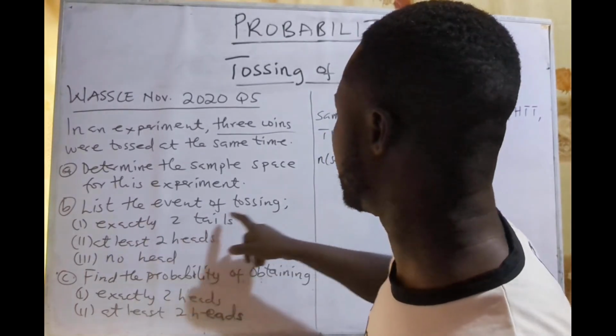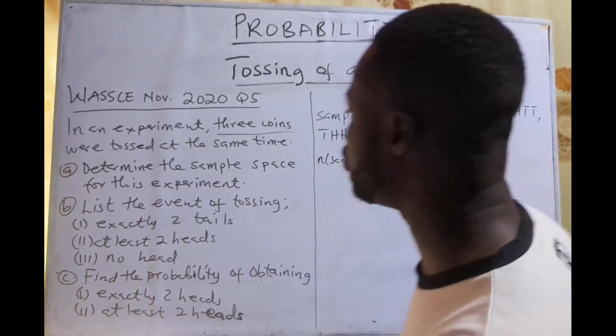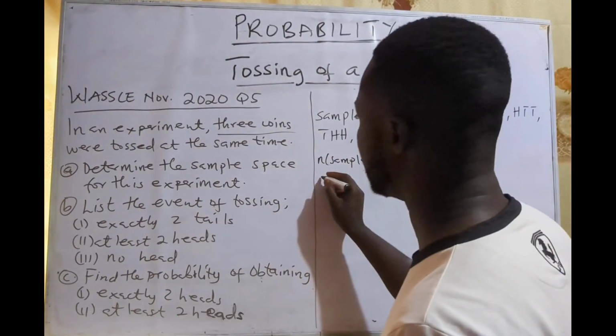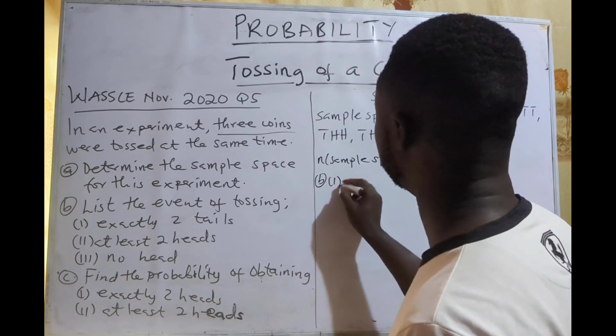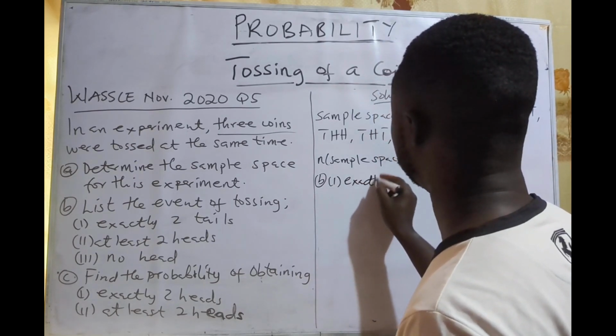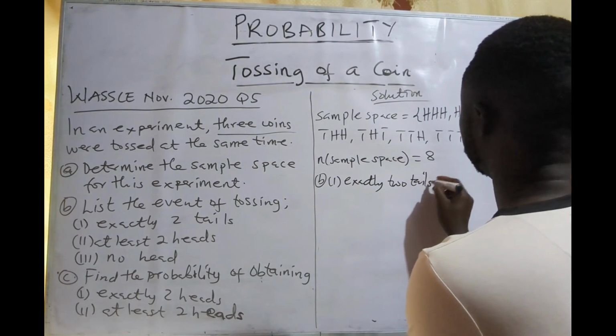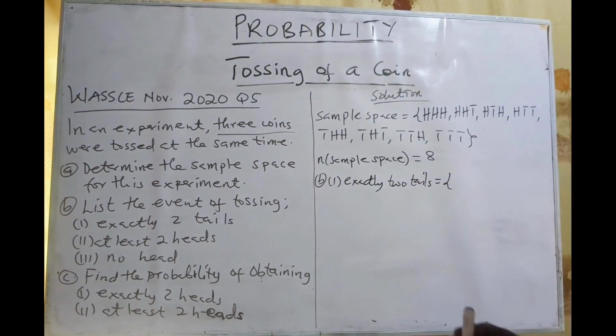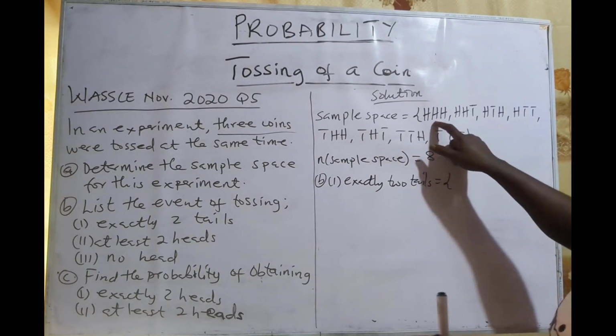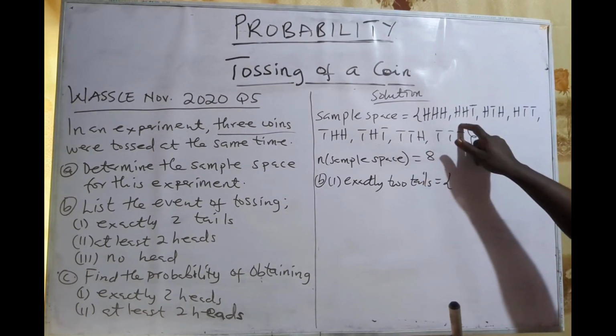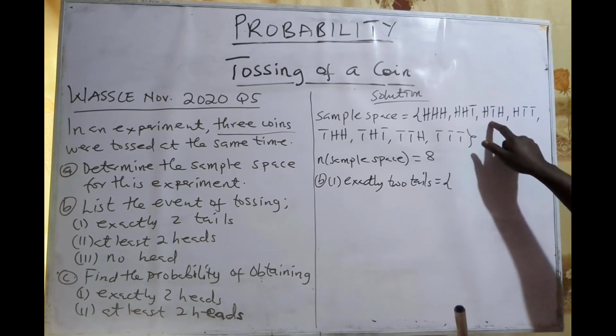The B, list the event of tossing exactly 2 tails. So we are just listing exactly 2 tails. It means that wherever we see 2 tails. Here no tail, one tail, 2 tails.